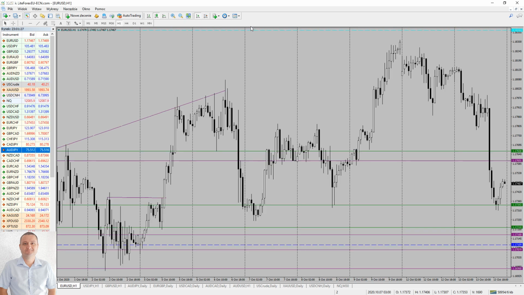So how am I going to try to approach euro dollar short? The first thing is that we are below the weekly open for a second day in a row. From the intraday chart perspective, there are a few levels. I'm going to try to sell the rallies overnight. It's related to the daily chart and Friday price action.